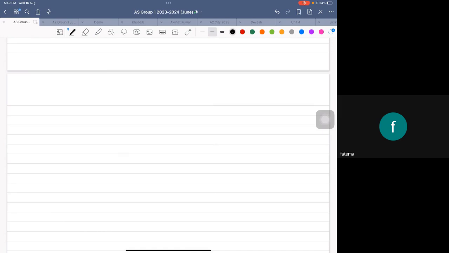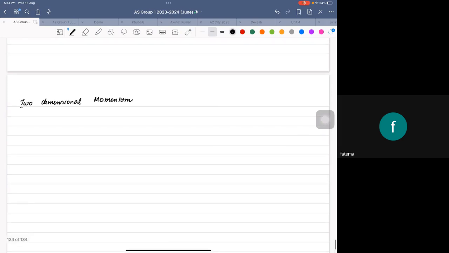The last thing in this chapter would be two-dimensional momentum. I wanted to do this, but I'm not going to continue beyond what we have done because I want to go a bit slower now. We have covered almost 30-40% of the syllabus.